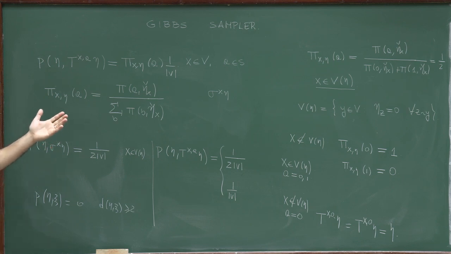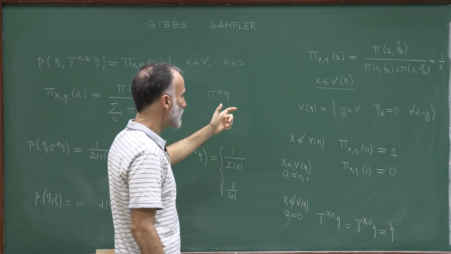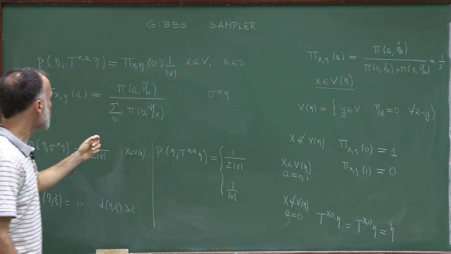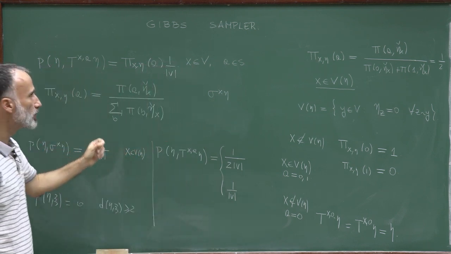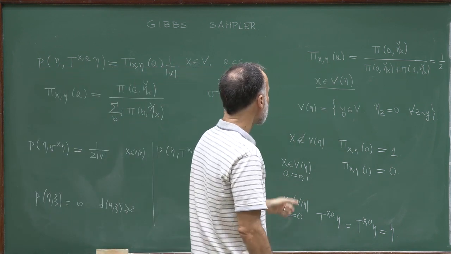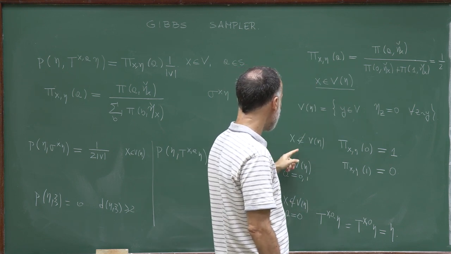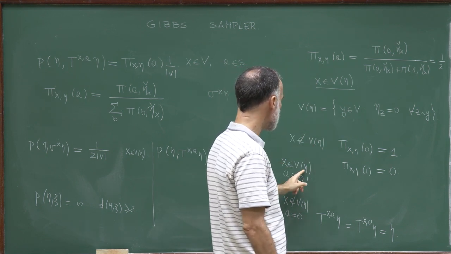So what I'm proving here is that indeed the hard-core Markov chain we constructed corresponds to the Gibbs sampler. We have here the formula for the Gibbs sampler. Now if we recall that S has only two values, 0 and 1, we can get this explicit formula. But now we have a different value, either for x not in V and x in V of eta.